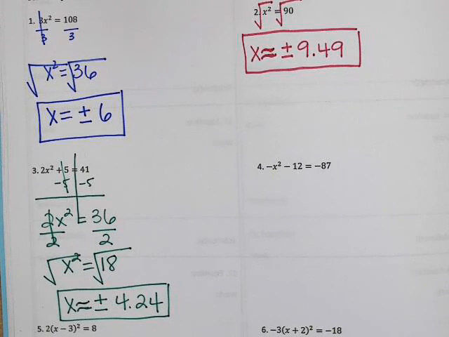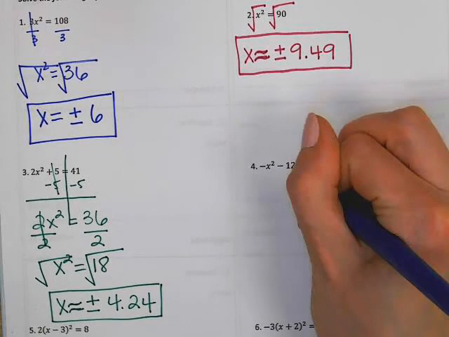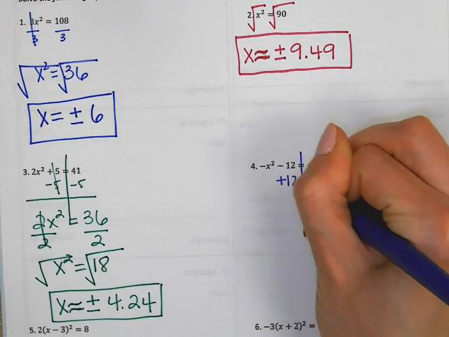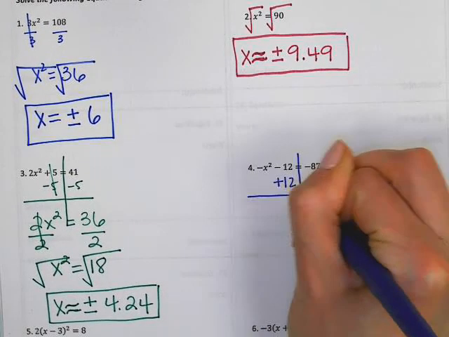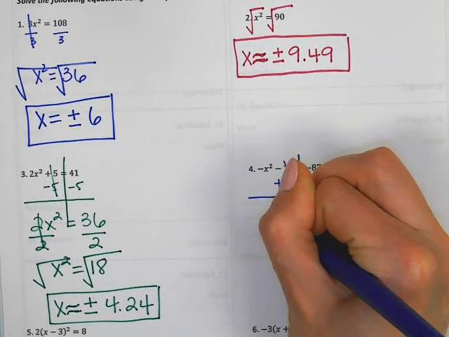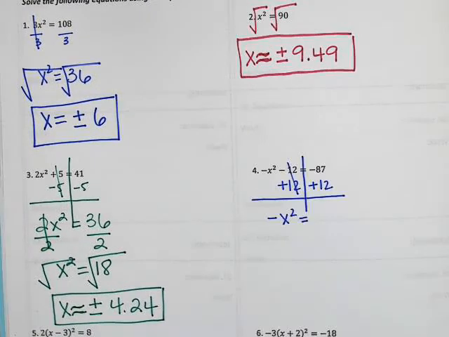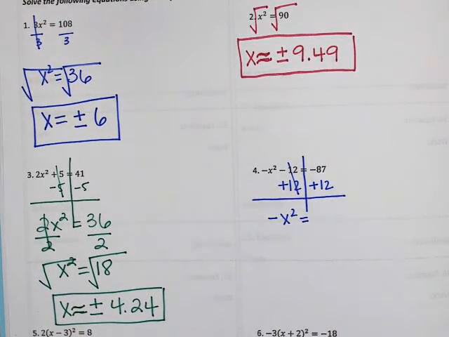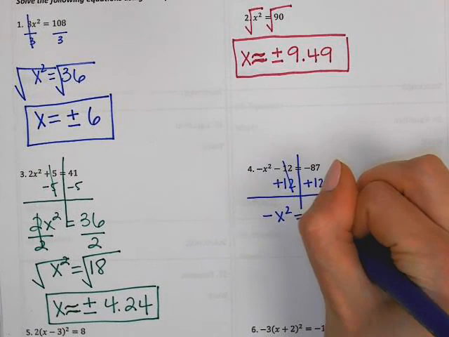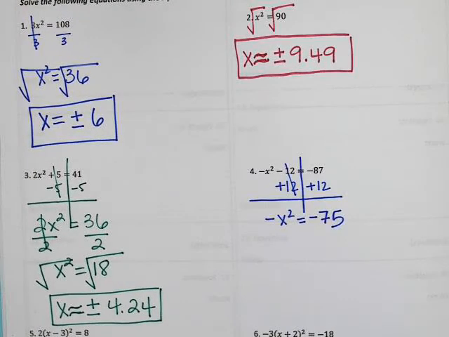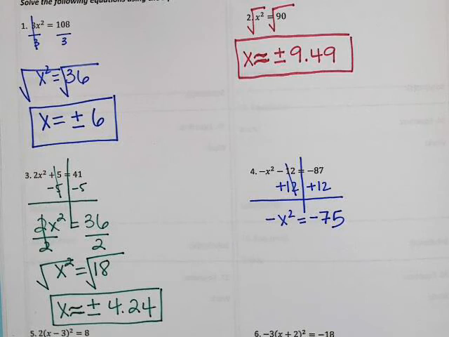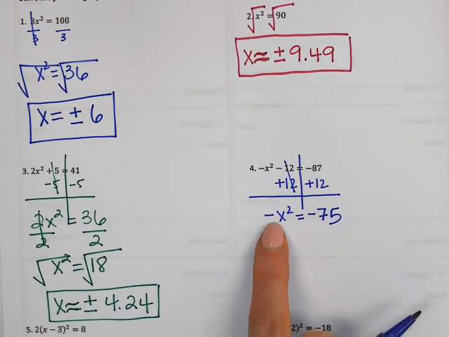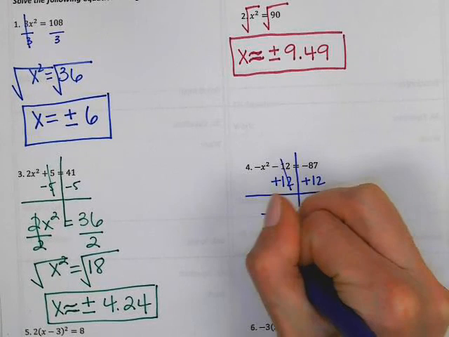Okay, number 4, isolate first. First step, we're going to have to add the 12 to the other side. We get negative x squared equals negative 75. I know it seems like we are, but we're not isolated yet because there's really a negative 1 here. So you're going to have to divide by negative 1.